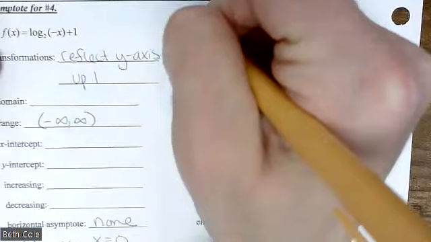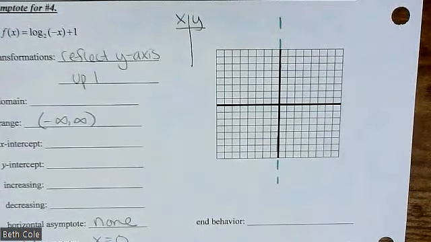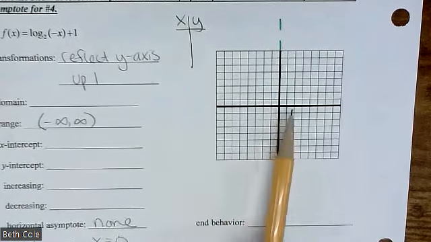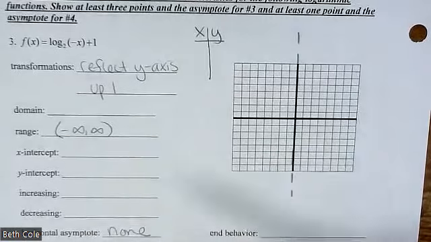So we want 3 points for this one. Now the logarithmic ones are harder to find points for. If you get something that doesn't work, just pick something else. You want to start where the asymptote is, in this case that's 0, and pick numbers near it. Now, you would probably be like, oh, what about 1, 2, 3? Those won't work. We're going to have to go the other way.